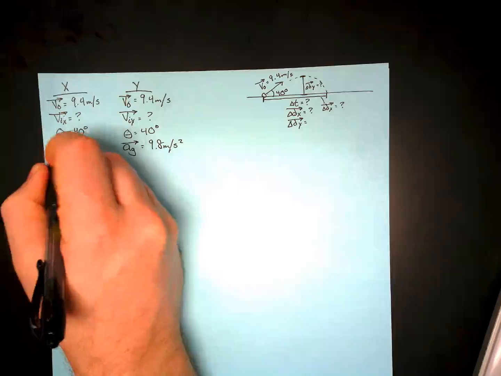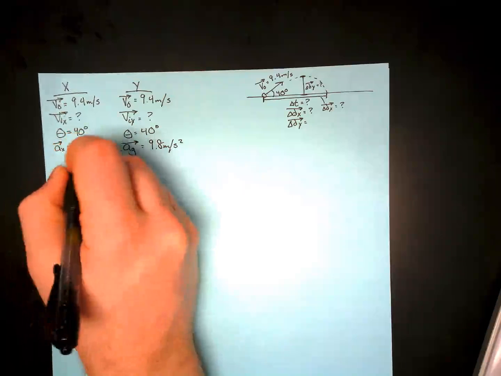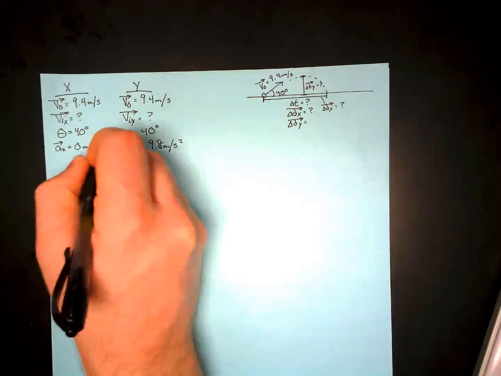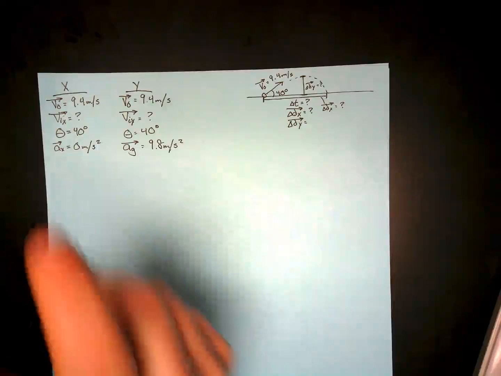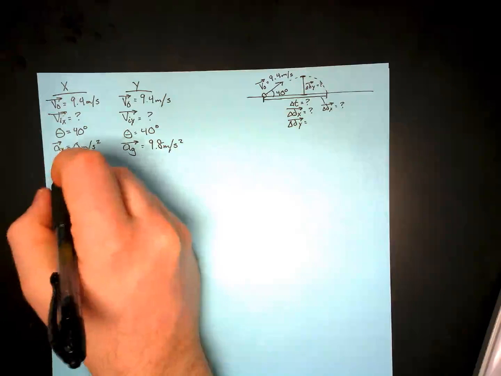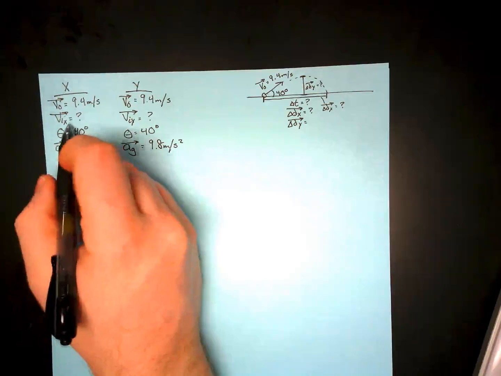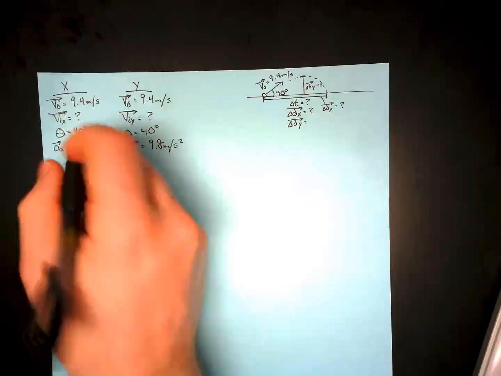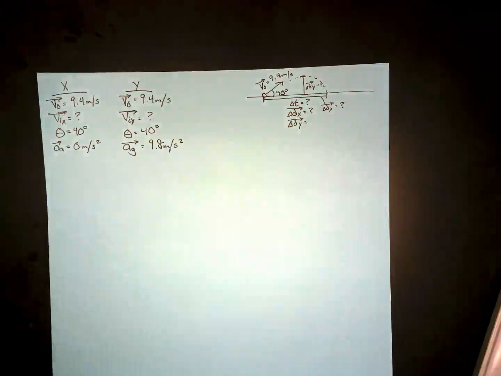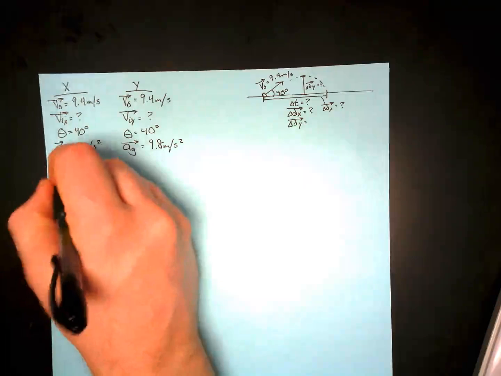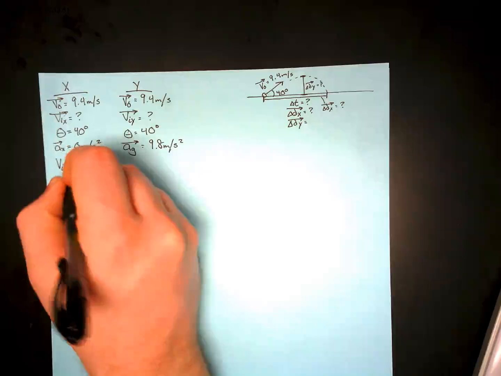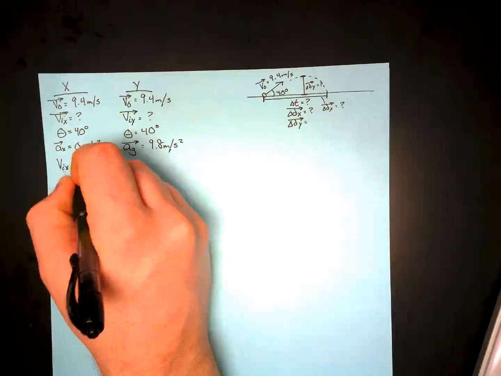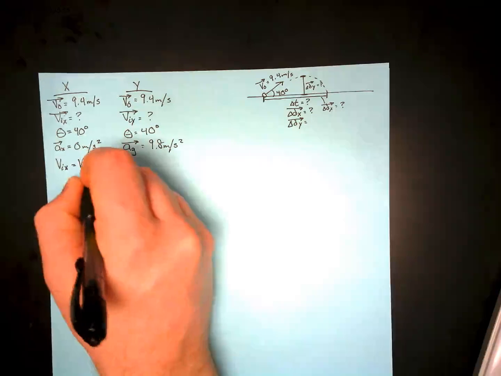What else do we have? Well, we know that the acceleration over here for x is going to be 0 meters per second squared because, again, there's no extra force being applied. We don't know this guy yet. Because we're not told that there's a force applying in the x direction, we should know that our initial velocity on the x-axis is going to be the same as the final velocity on the x-axis.